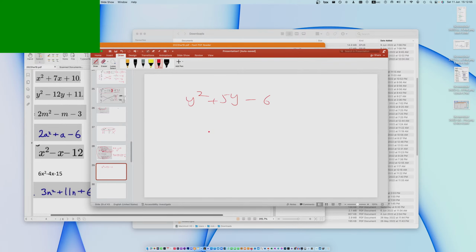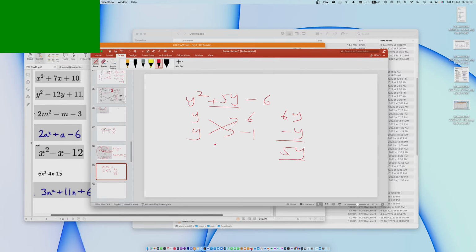You must do this way first, then test. Do you get 5y?